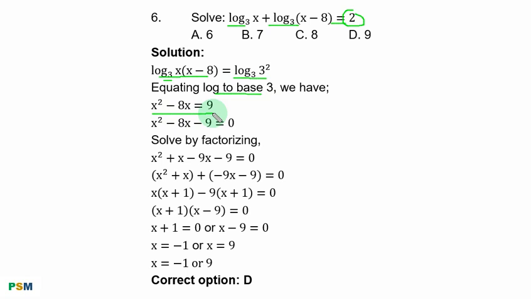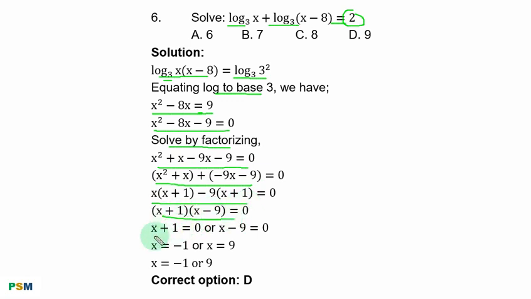The result is quadratic, so transfer 9 to the left hand side, you have it in this form. Solve by factorization, you have this result. The terms are 4. To continue, you group them in 2's, you factor out the common term, you have this result.